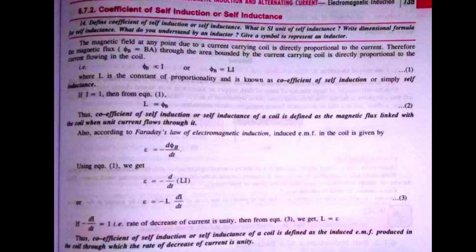If minus di over dt is equal to 1, that is, the rate of decrease of current is unity, then we have epsilon is equal to L, and so we get the definition or the relation of the coefficient of self-induction with induced EMF.